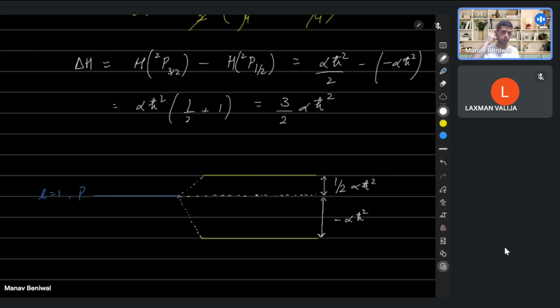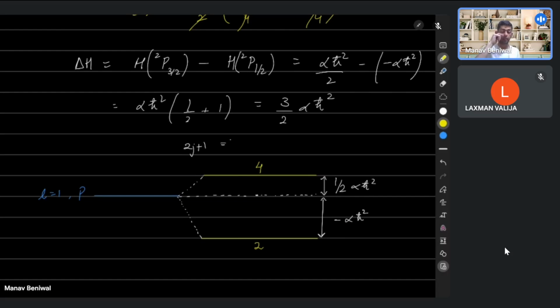Okay, and if you calculate the degeneracy, which is nothing but 2j plus 1, here j is 3/2, so this will come out to be 4. So 4 electrons can occupy these energy levels, and here you will get 2. So 2 electrons can occupy these energy levels.